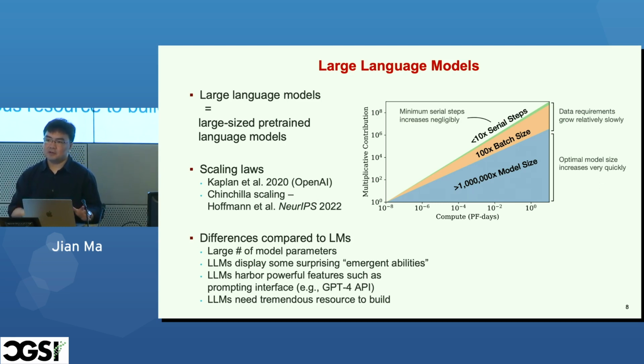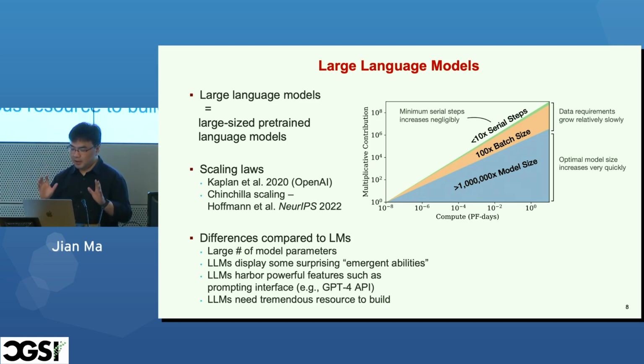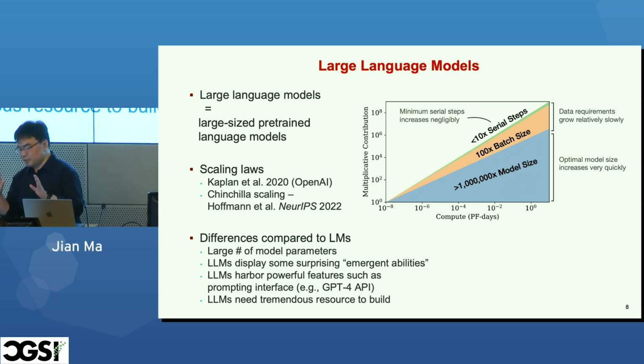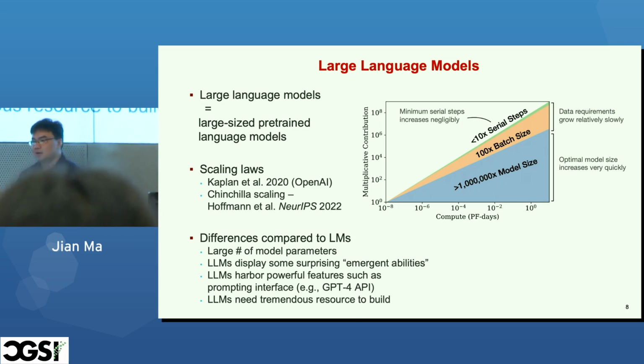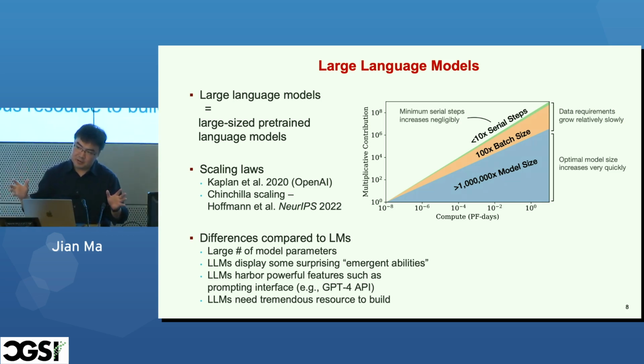And they found that to optimally allocate the resources, you need to dedicate the resources to building a larger model rather than applying them to more data. And that's really the motivation for a lot of these recent developments, building large models so that the model can have more powerful capabilities.